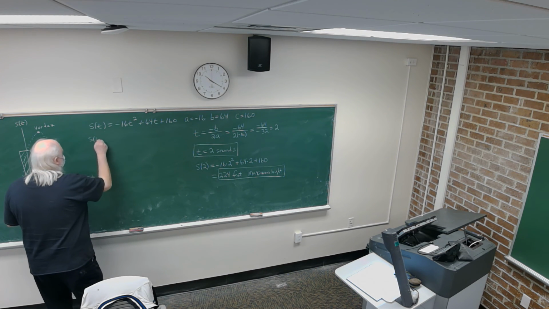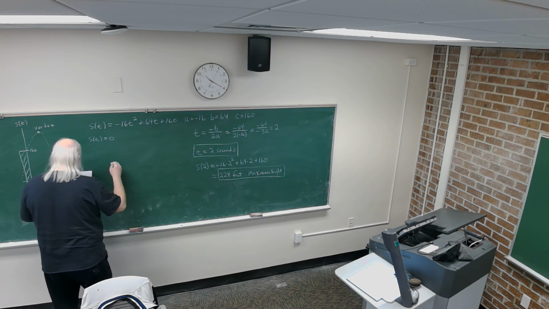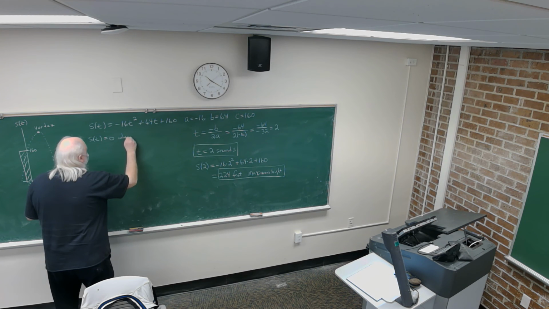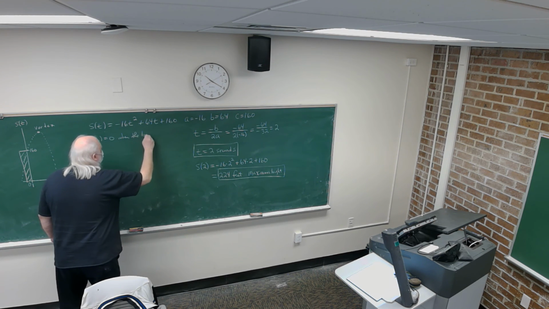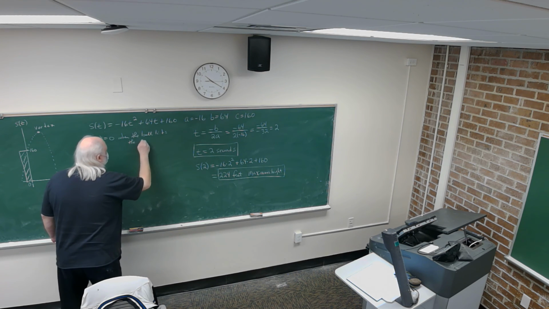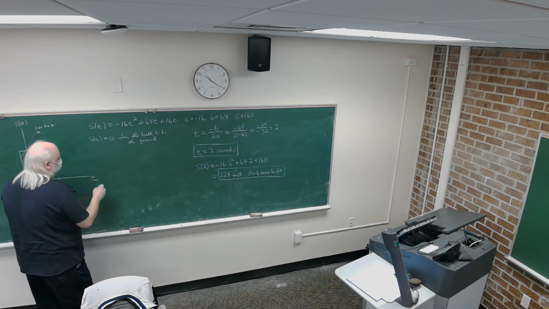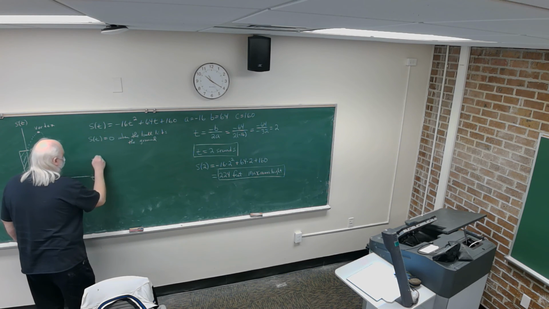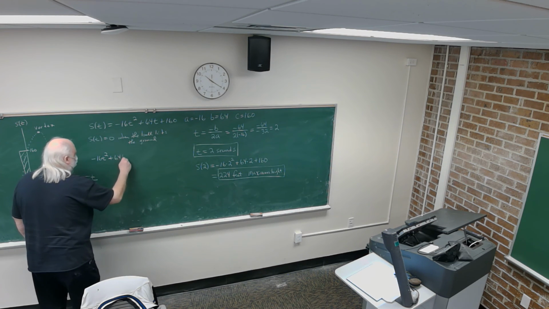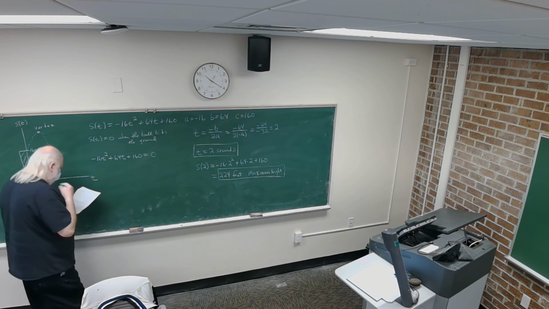So S of t is equal to 0 when the ball hits the ground. Okay? So we put 0 in for S of t over here, and I'm going to switch both sides of the equation. Minus 16t squared plus 64t plus 160 is equal to 0.